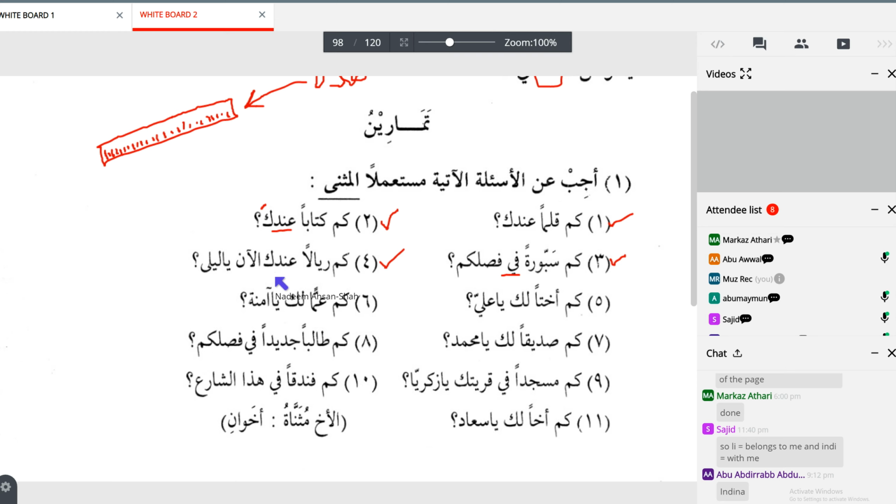Go ahead, Sajid. ريالان. Good. عندي الآن ريالان. Good, well done, jazakallahu khairan.